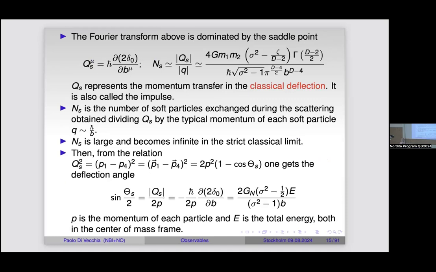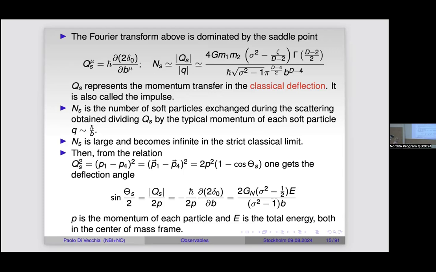While the Q that I had in the propagator before is a quantum quantity, of order h bar over b, this quantity is classical because the h bar here cancels the 1 over h bar that was in the eikonal. So Q_s represents the momentum transfer in a classical deflection, and is also called the impulse.